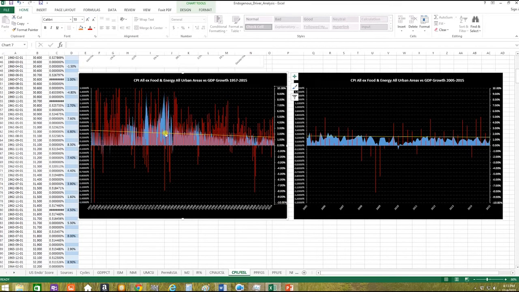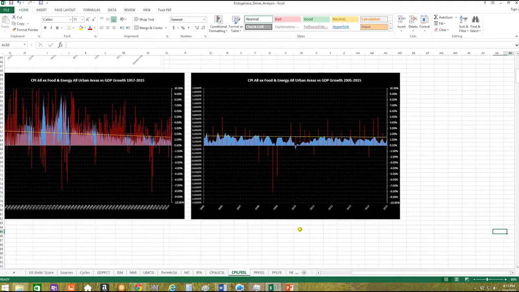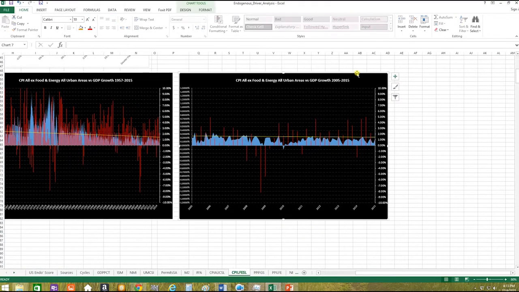We also have our line of best fit, or basically our normal situation, which is our mean, our average across the entire data set for CPI fit to corresponding levels of GDP. We also then zoom in on the data as we did earlier, and we look at the period from 2005 to 2015.